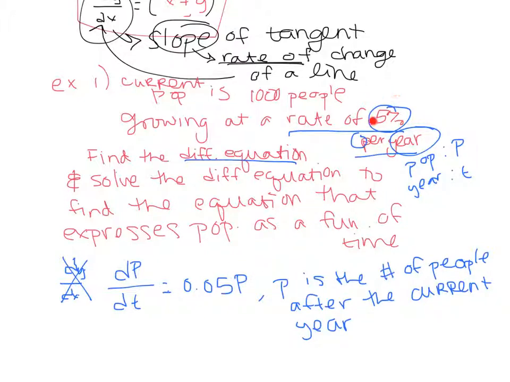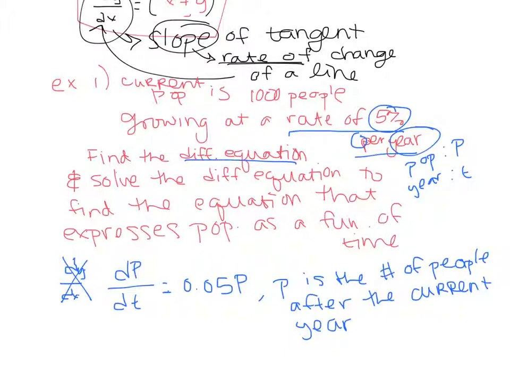And although it's growing by a constant percentage, this percentage is dependent on the current number of people. So like 5% right now of 1,000 would be 50 people. So at the end of this year, we'd have 50 more people. But the next year, we'd have to do 5% of 1,050 people. Okay, that's why we need this P there, because the population that you're taking 5% of is continually changing.